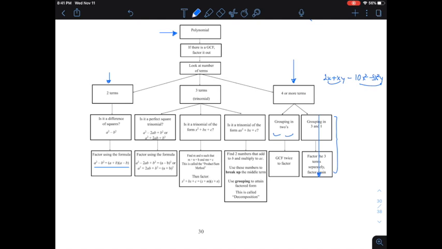Now, where we really have to think about it is if I have 3 terms. If I have 3 terms, I have one of 3 possibilities. The easiest one is if I'm given the form x squared plus bx plus c, then I can factor into (x plus m)(x plus n). Or I could have ax squared plus bx plus c, and if that's the case, then I have to break up the middle term by using factors of a times c.